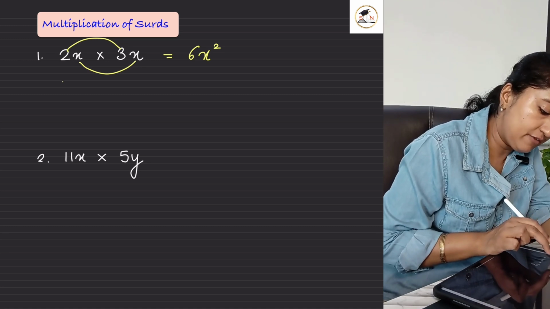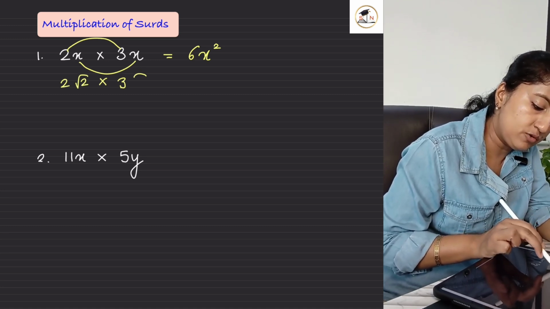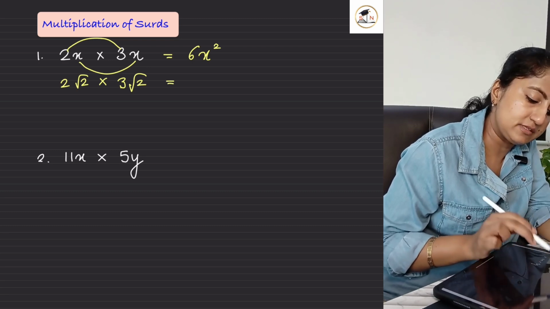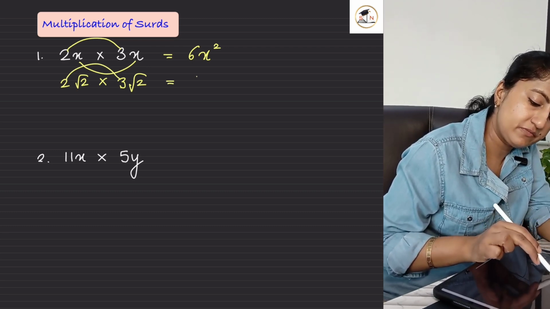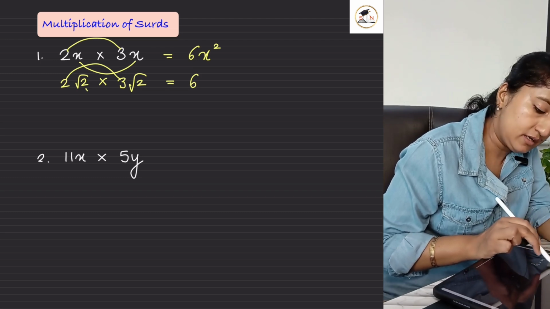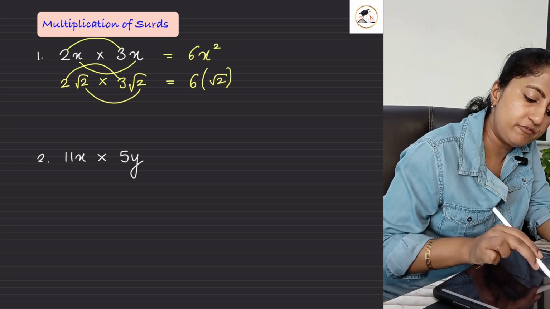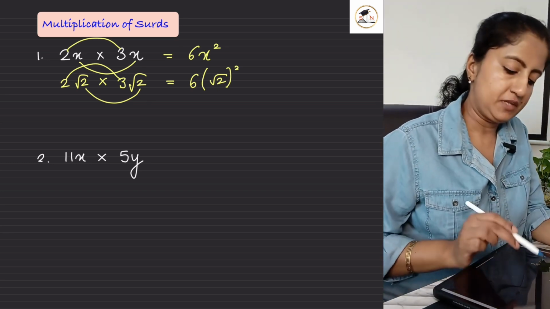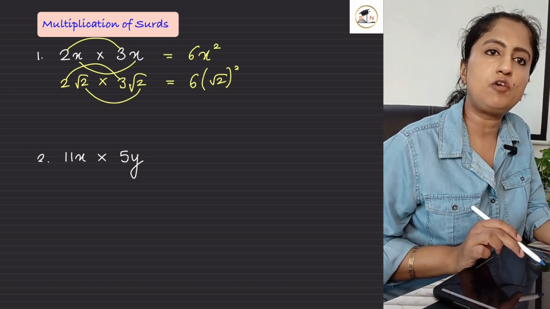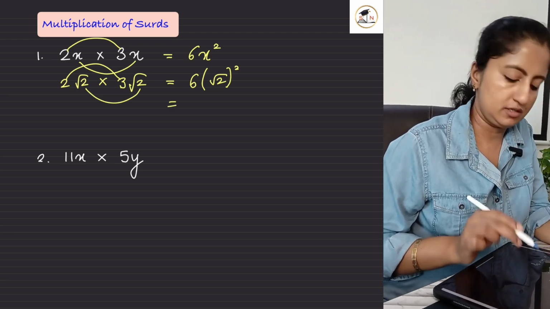Now similarly, if I write 2 root 2 into 3 root 2, what happens? We will have 2 into 3, that is 6, and root 2 into root 2 becomes square of root 2. Now, please understand, when you are doing a square of a root, the root and the square will void each other.